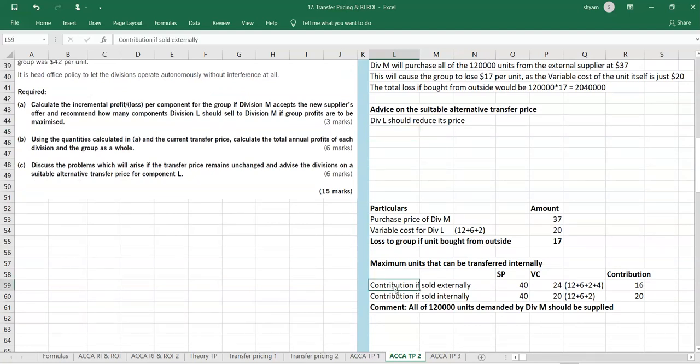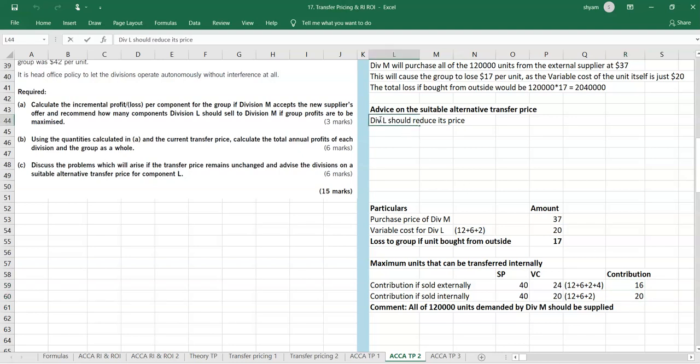See, the contribution that division L gets by selling internally is 20. If they sell externally, they get 16. So there is a good chance that even if they get the same external contribution, that is still fine. So they can reduce their price by $4, and they can reduce it to 16.